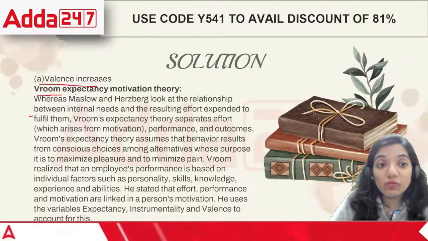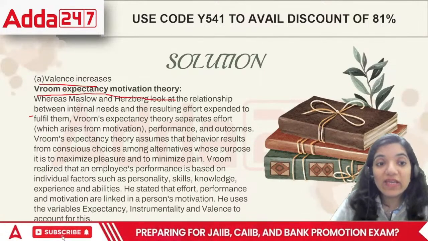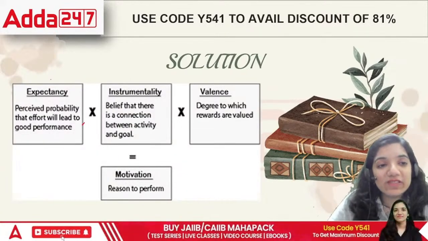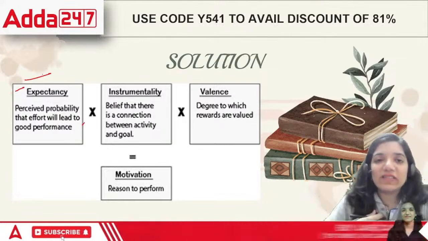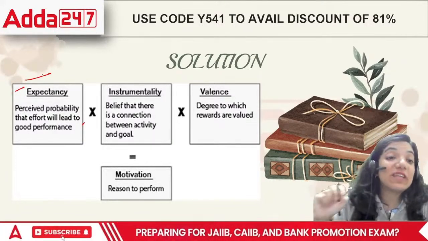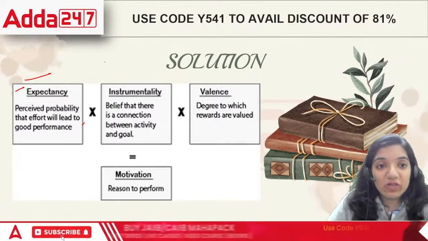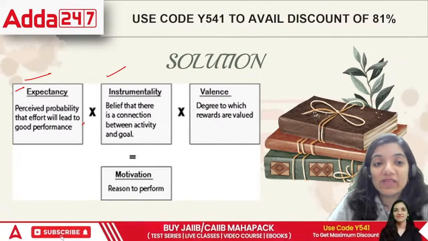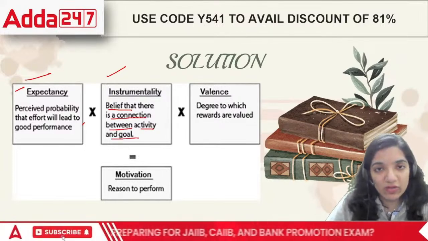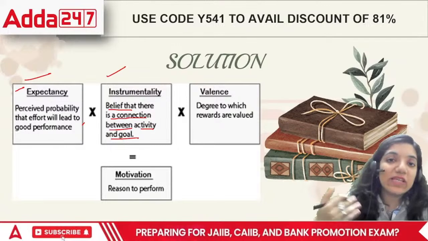In terms of Vroom's expectancy motivation theory, he clearly says that this is how it looks. Expectancy is basically the probability. If I see that in future I can complete this, then it is basically my expectancy. Then we talk about instrumentality. Instrumentality means the belief that there is a connection between activity and goal. What I am doing is taking me nearer to my goal.